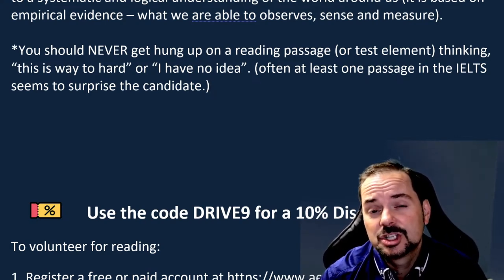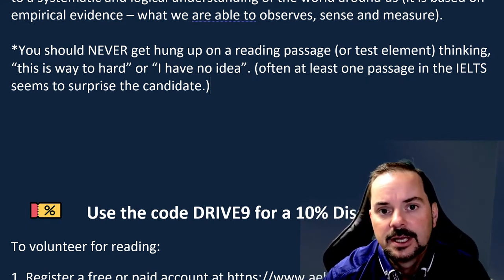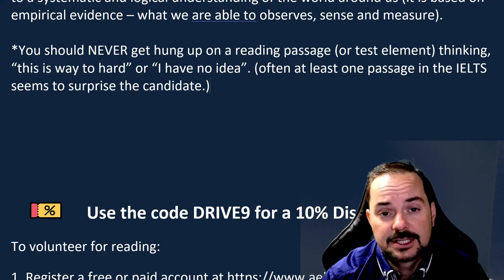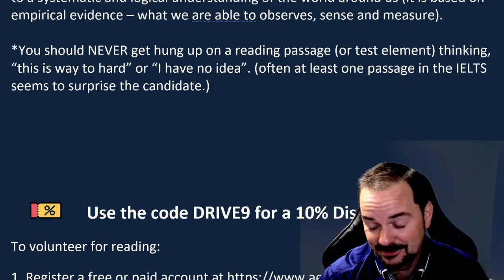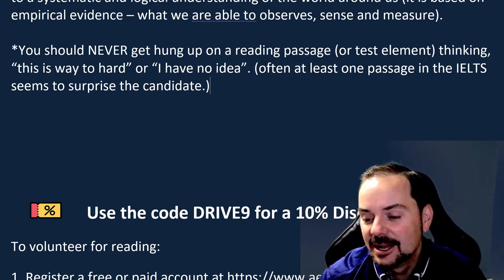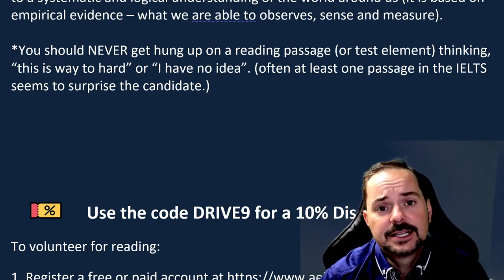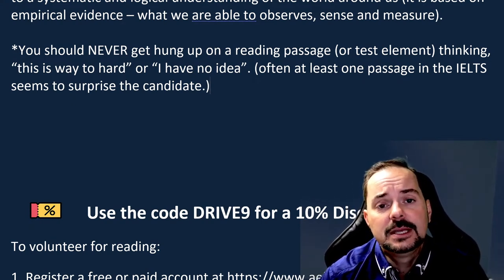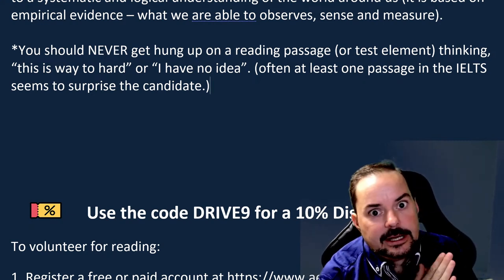If anything, in the general, it's going to be the section 3 passage, but definitely in the academic, there always seems to be this one passage that makes you think, what? What do I need to read about? Why am I reading about this? And Carolina says, true. Yeah, it's not by accident. Students, it's not that they want to be mean. It's not like, haha, we're going to get them with this difficult topic today.